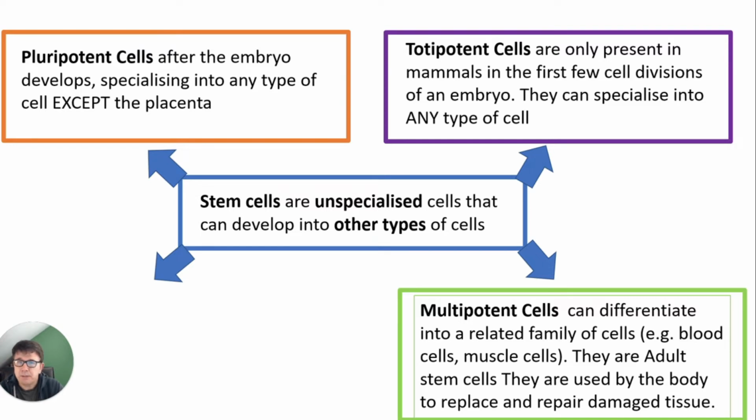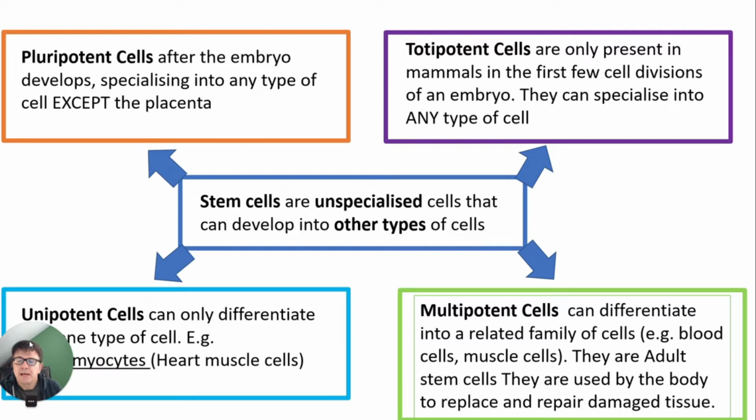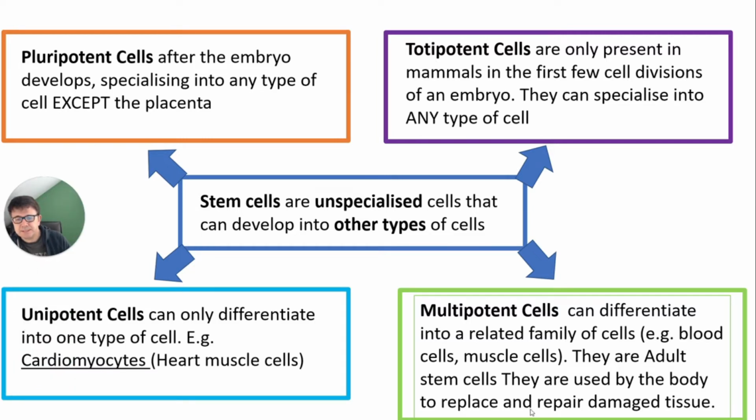So it's things like blood cells, muscle cells, skin cells, and these are known as adult stem cells. They're used by the body to replace and repair damaged tissue. And then finally, unipotent cells, they can only differentiate into one type of cell. So for example, cardiomyocytes, which are heart muscle cells.